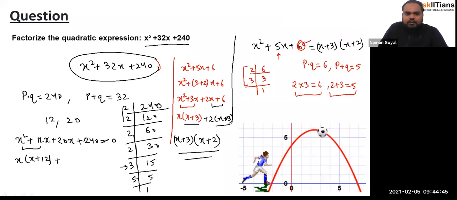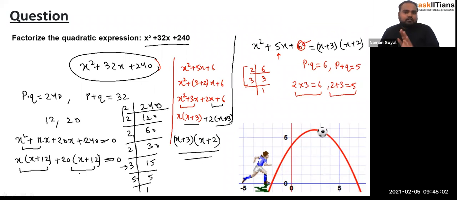Now if I take 20 common from the last two, we get x plus 12 again. Now x plus 12 is common, so we take x plus 12 common, and we get x plus 20.